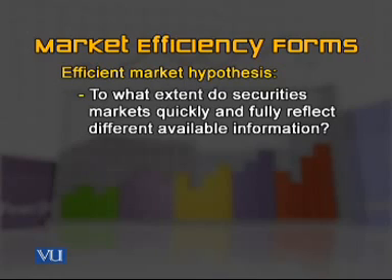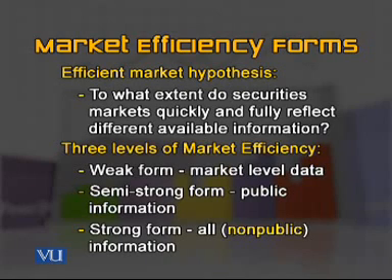And that is when I talked to you about the three forms, where you'd have public information, non-public information, and information available to you at the market level. So these three levels of market efficiency, along with the efficient market hypothesis, would be understandable in the market efficiencies.